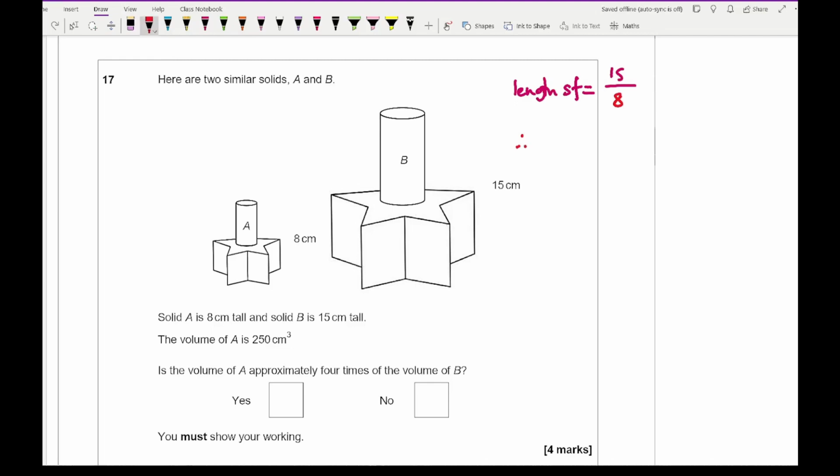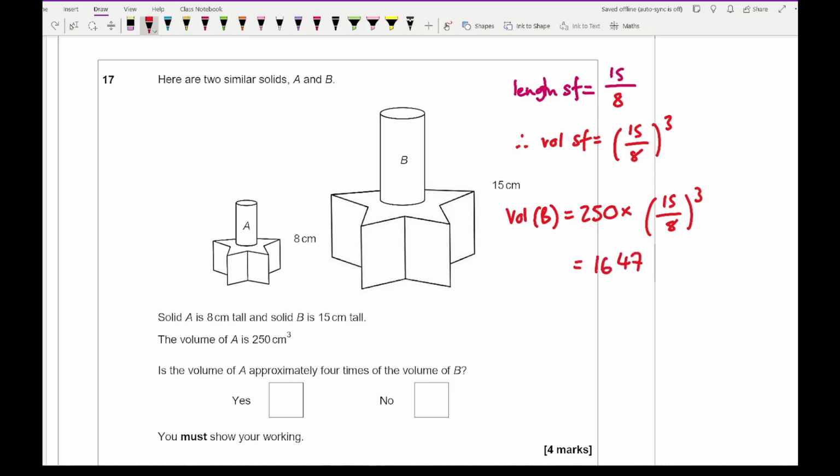So that means then that the volume scale factor is going to be the length scale factor cubed. So then to work out the volume of B, well, that's going to be the volume of A, which is 250, and we multiply that by 15 over 8 cubed. Now if I type that all into my calculator, I get an answer of 1647.949.